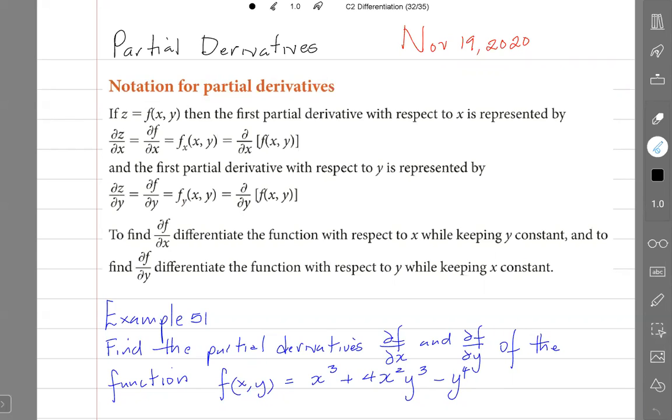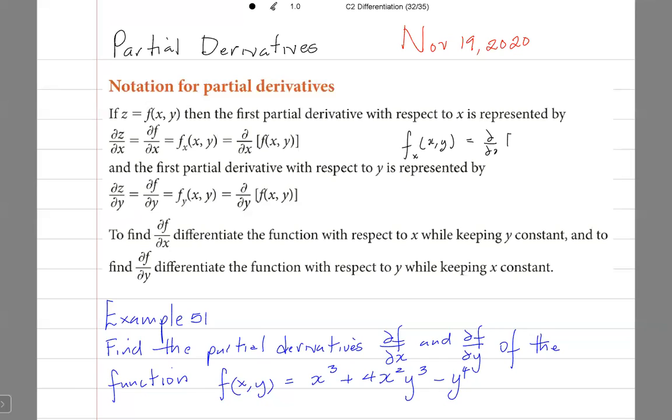If you see f subscript x of x, y, this is asking for the first partial derivative. Or if you see del x of f of x, y, this is asking you for the first partial derivative of f with respect to x.